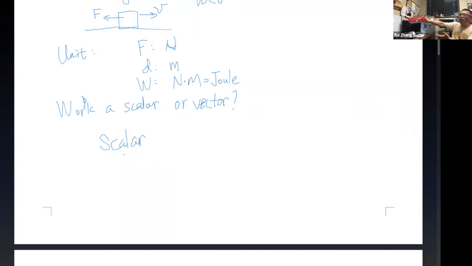A positive work or a negative work to this pile of paper? If I just hold it steady in my hand, send me a message. Do I do positive work, negative work, or zero work to this pile of paper?